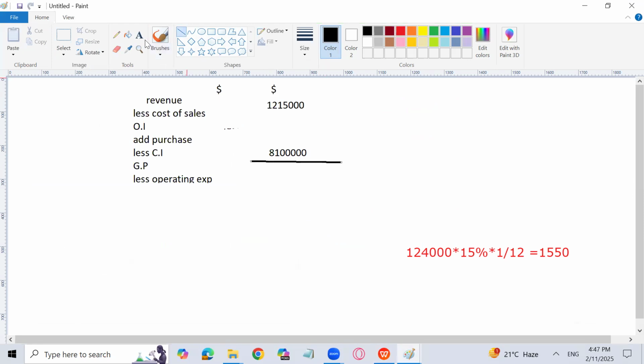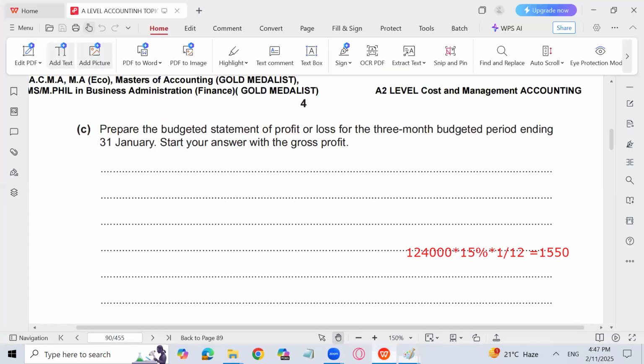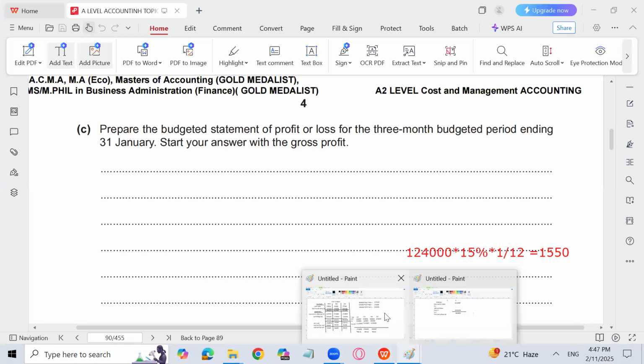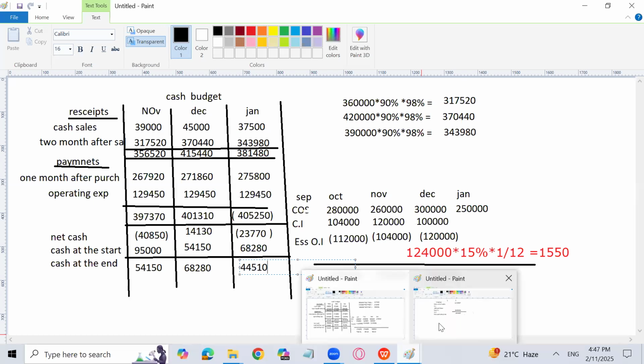So what is the gross profit? 405,500. Now there is a problem. We have to add discount received. That's why I have told you that it is better always to calculate the discount received. But I can do that in this question easily. How? You add it up, 272,000 plus 276,000 plus 280,000, and then you multiply it with 1.5%. 12,420 is the discount received.